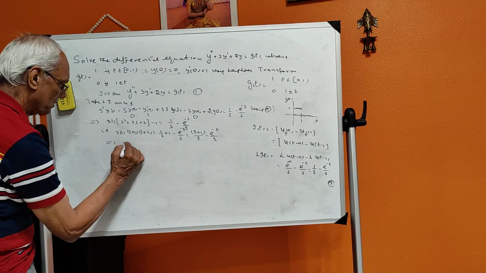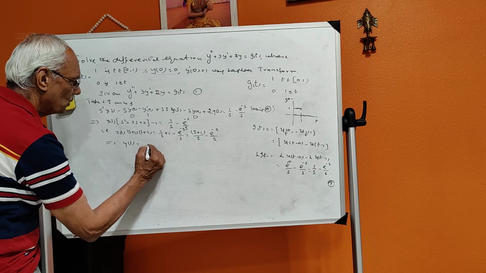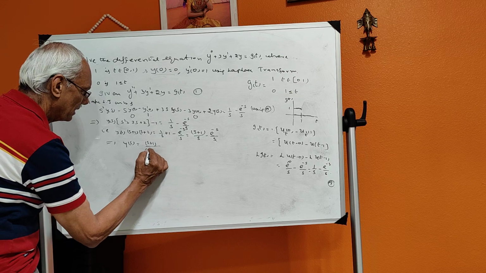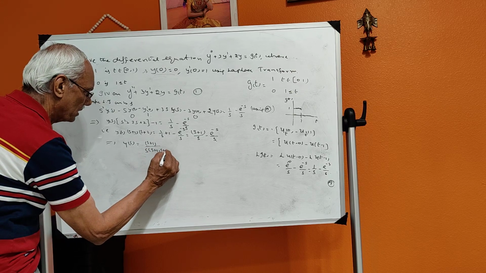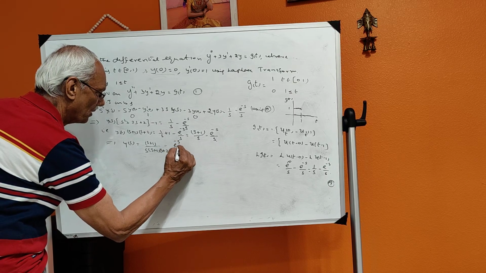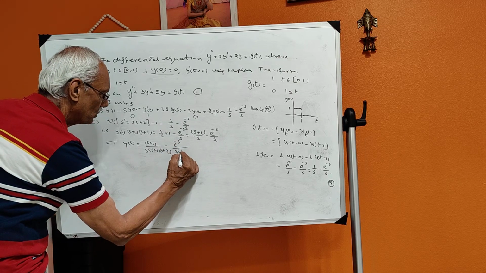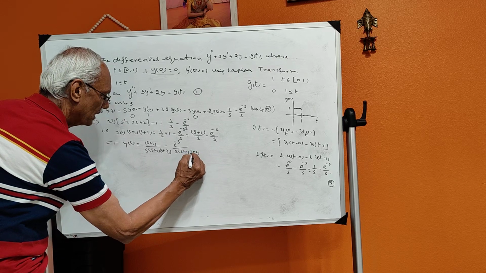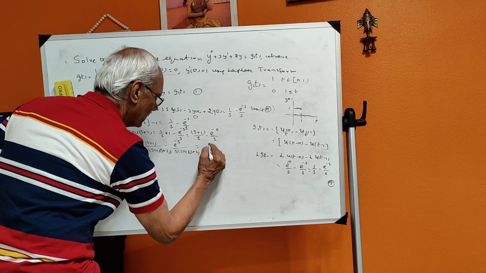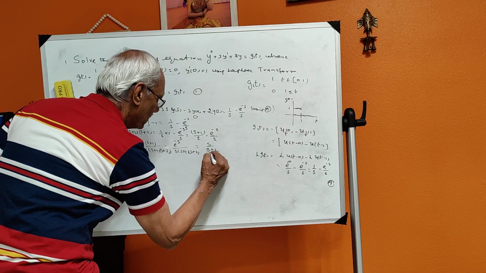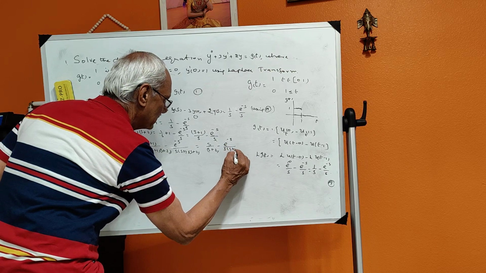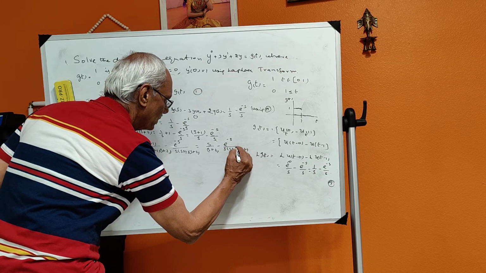So this gives Y of s equal to s plus 1 divided by s into s plus 1 into s plus 2 minus e to the power of minus s divided by s into s plus 1 into s plus 2. The s plus 1 cancels, giving s plus 2 minus e to the power of minus s divided by s into s plus 1 into s plus 2.